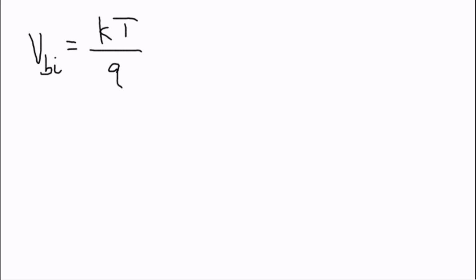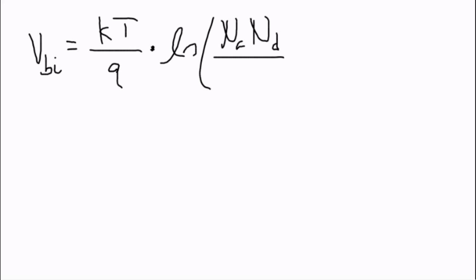The built-in voltage potential equals kT over q times the natural log of the doping concentrations multiplied together divided by the intrinsic carrier concentration in silicon squared.